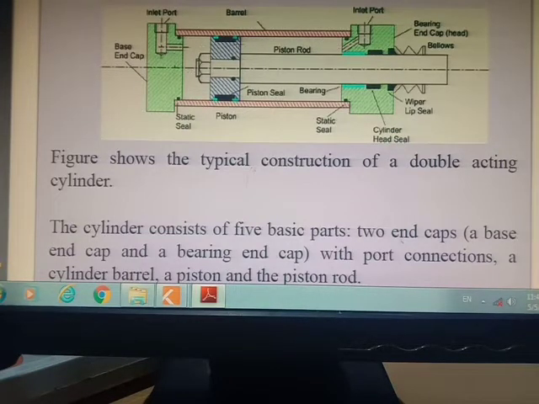And there is a possibility that when the piston moves in the forward direction, at the end of the stroke, the piston may strike this end. Striking of the piston will take place, and it may damage the hydraulic cylinder.